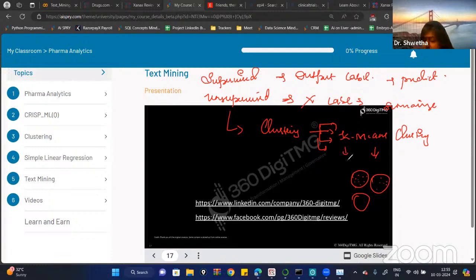So K in K-means indicates the number of clusters, and whatever number of clusters you define, the whole data will be clustered into that many clusters. Once the clustering is done, you can take the new data and put it in the clusters defined.